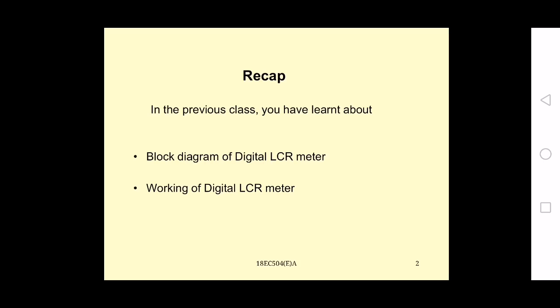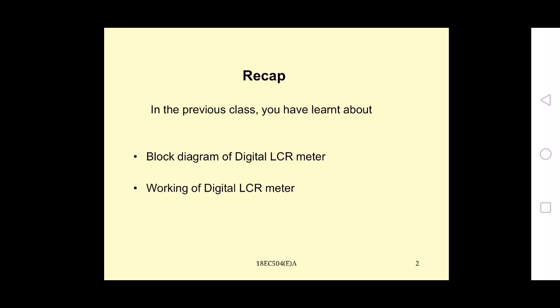So we have measured the unknown values of inductance and capacitance by using the op amp and phase sensitive detector circuits, and we can measure also the dissipation factor and quality factor. Quality factor is the reciprocal of the dissipation factor, and also for measuring the higher order of resistance, we are measuring the conductance.